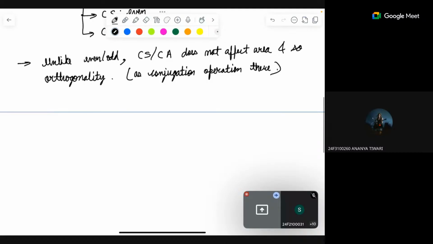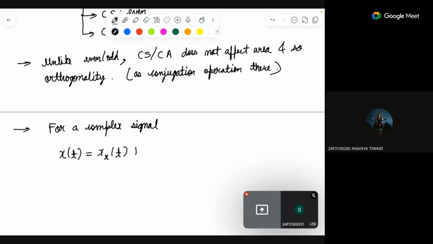Now let us take a complex signal. A complex signal x of t will have a real part and an imaginary part. So x r of t is its real part, x i of t is the imaginary part.